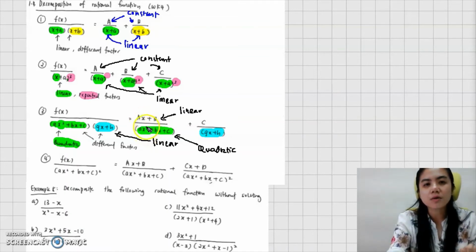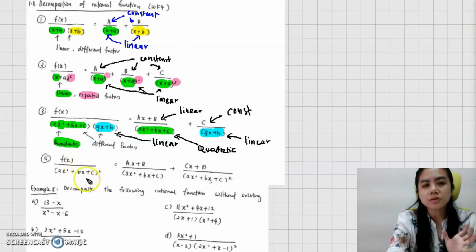So this is power of 2, then this must be power of 1. So we begin with ax plus b. So this is linear. The next one here is linear. If you have a linear denominator, on the top you will have a constant. Okay, so that is the third type.